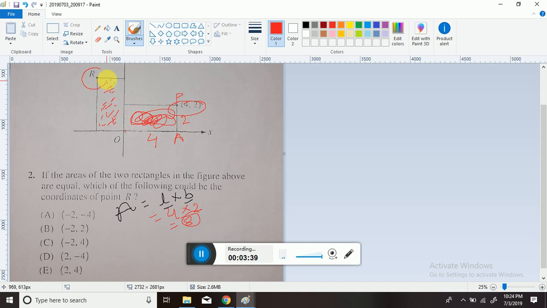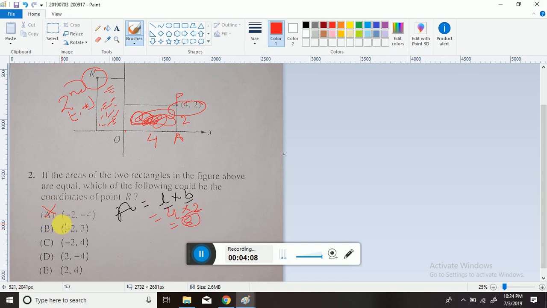What is the point R? First of all, we need to know which quadrant R lies in. This is the second quadrant. In the second quadrant, the x-axis is negative and the y-axis is positive. That means our answer will be minus plus. So let us see the options. Option A is cancelled because both are minus.